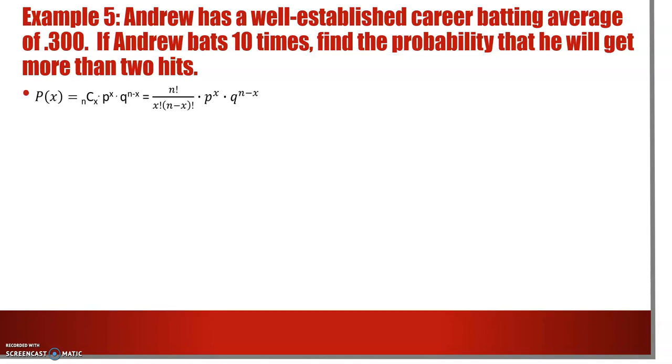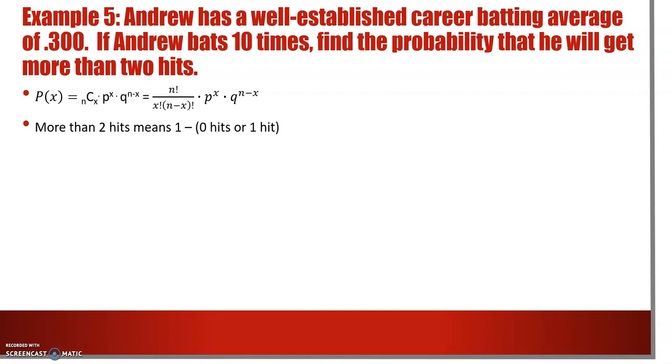There's our formula. More than 2 hits means 1 minus 0 hits or 1 hit or 2 hits. We don't want to have to do 3, 4, 5, 6, 7, 8, 9, and 10. We can find just 0, 1, and 2 and subtract from 1.